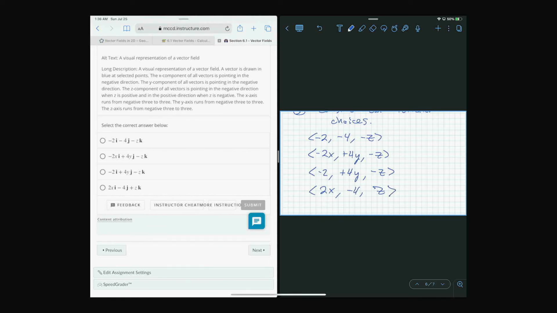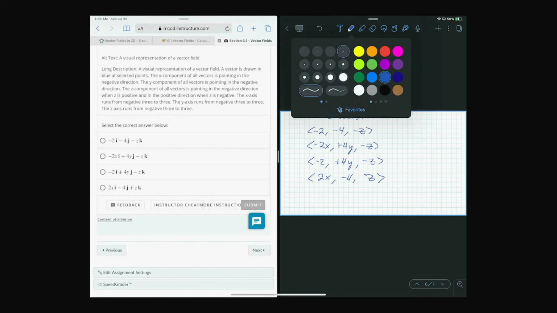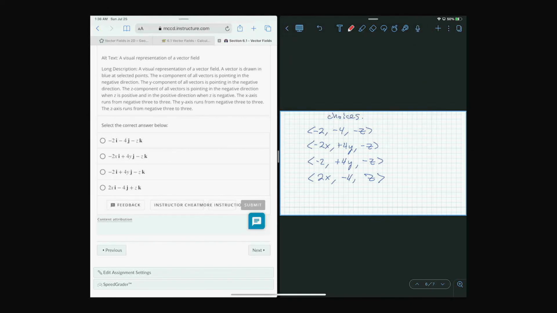One thing I notice right away is that this is negative 2 in the x direction, negative 4 in the y direction, so they're all like this. So already I think this is it.